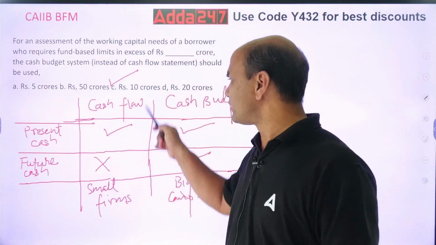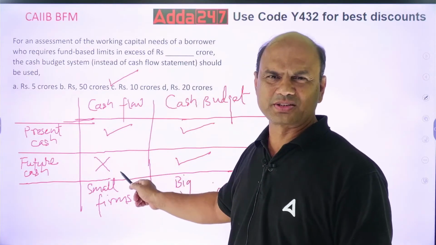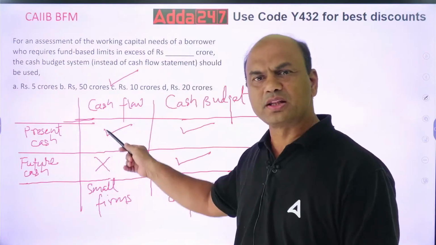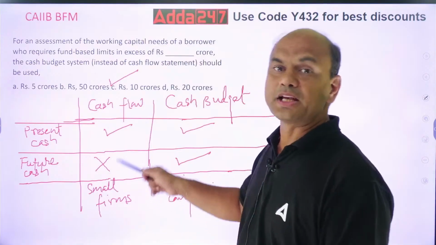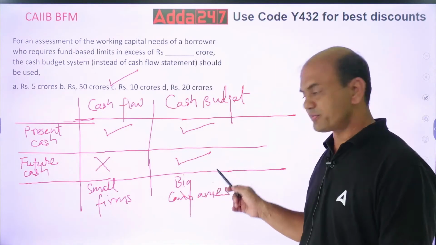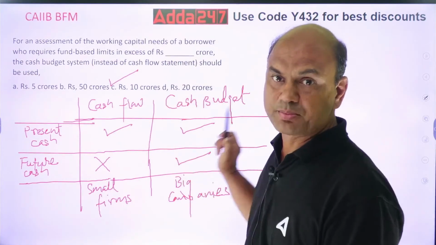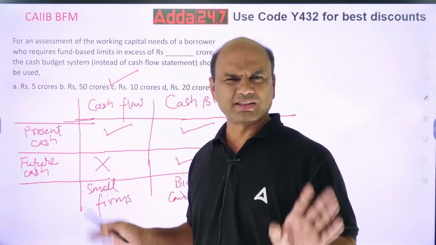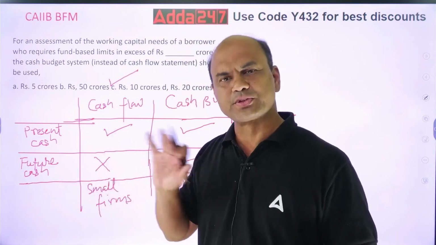That is normally not used for small shopkeepers or small firms. We don't use this projection; we use only the present cash. In cash budget, for big companies, we use the projected cash also. So this is the difference: cash flow means present, cash budget means present plus future.